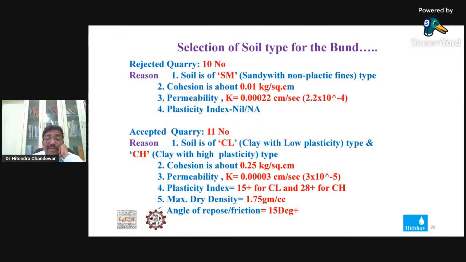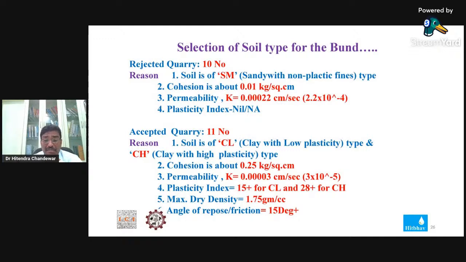Cohesion here is about 0.25 kg per square centimeter. Permeability was not so good, very poor, but anyhow, we have to go with this soil because at least they have qualified some codal requirement. So we have to go with the CL and CH type material. K is very less, but anyhow, we have to go with this material, and because of this only we have provided a composite liner system on the inside of the embankment to reduce the slippages.